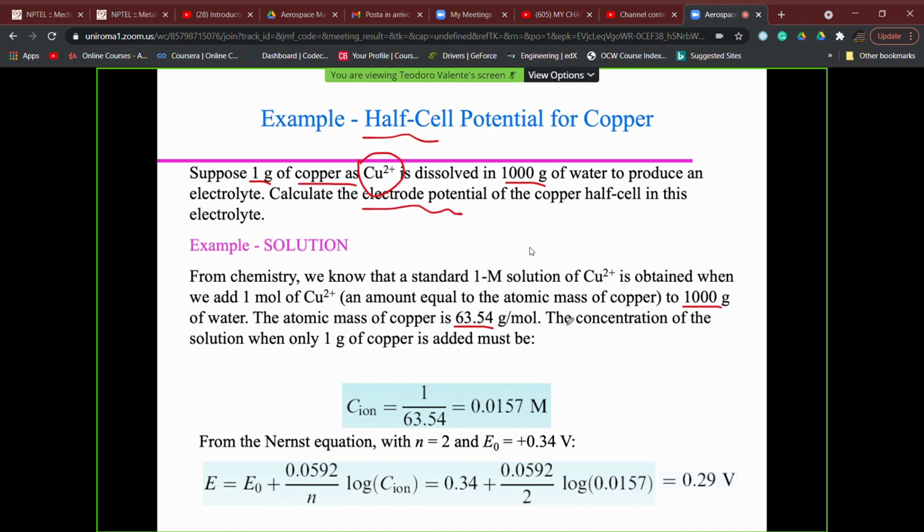And so the concentration of the solution, when only 1 gram of copper is added, must be the concentration, and we use here concentration, not activity, for what we have said before. 1 divided by the atomic weight, 63.54, and so the calculation is that the concentration of the ion copper 2+ in this case is 0.0157 molar.